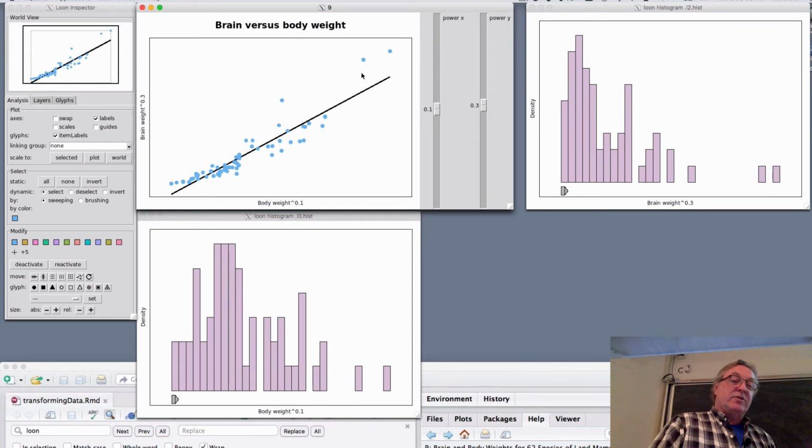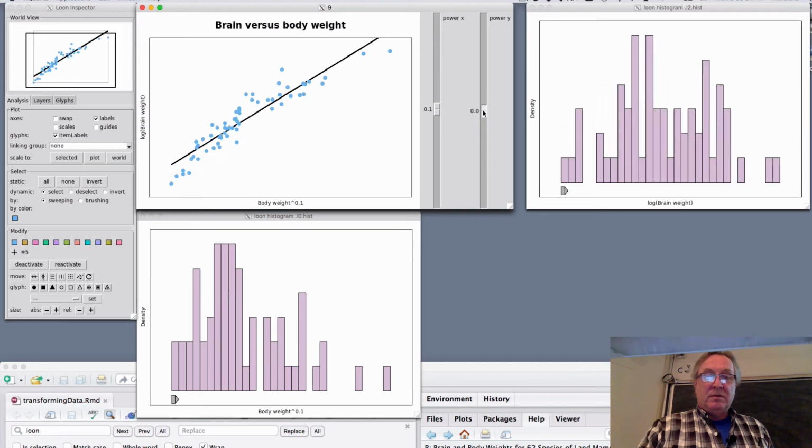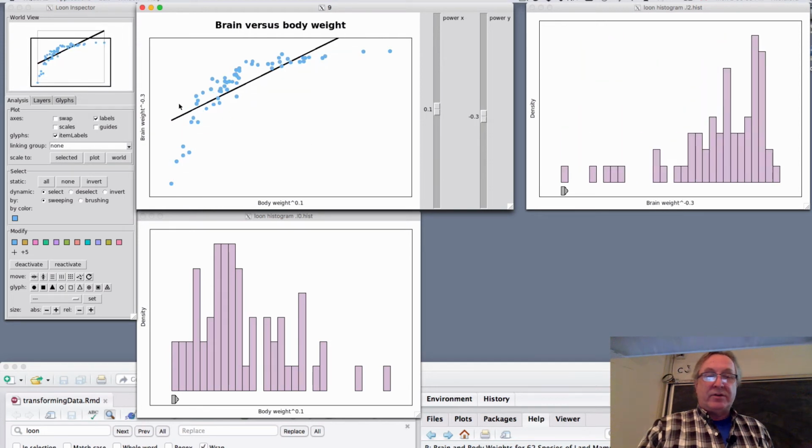That curvature is still there, but now the data are getting spread out enough that maybe that least squares line's not so bad. So let's move this down a little more. Oh, I got curve in the other direction.